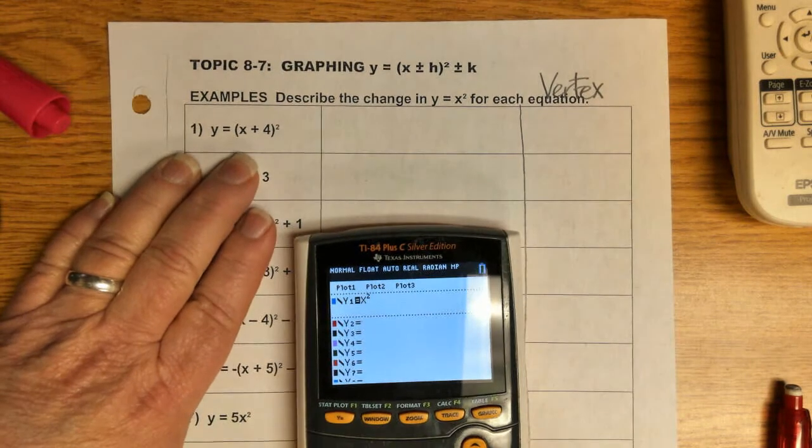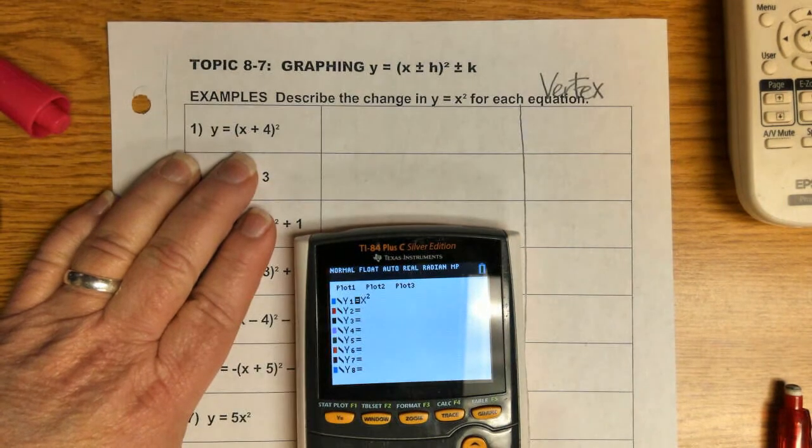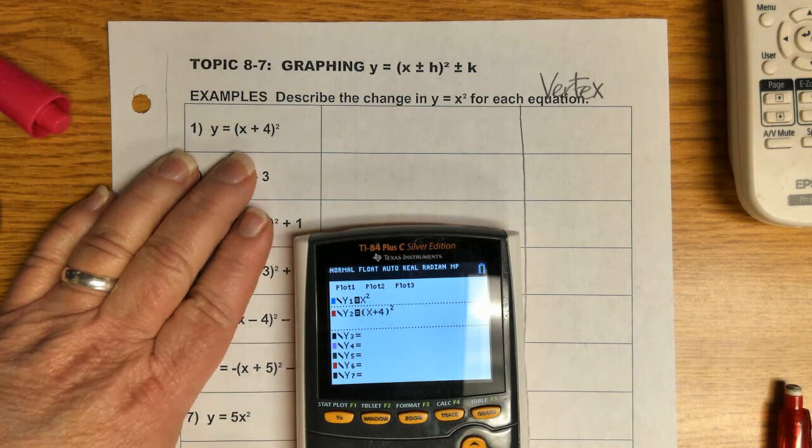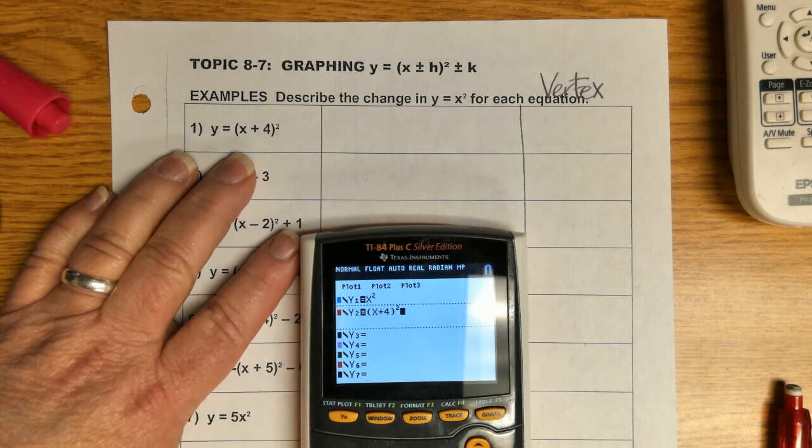Okay, so under y2, I'm going to put in (x plus 4) to the power of 2. Remember, we're comparing everything to the parent function, x squared. All right, so let's hit graph.